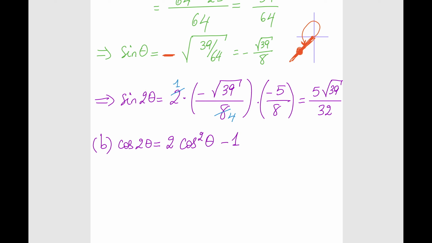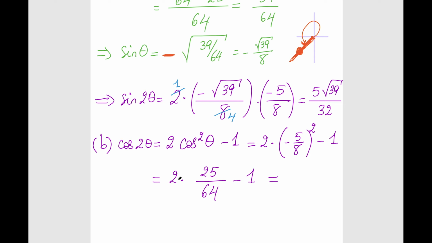This means 2 times the square of cosine theta, and they gave us cosine theta: it's negative 5 over 8, minus the 1. That's 2 times 25 over 64, because the negative squared is positive, 5 squared is 25, and 8 squared is 64, minus 1.